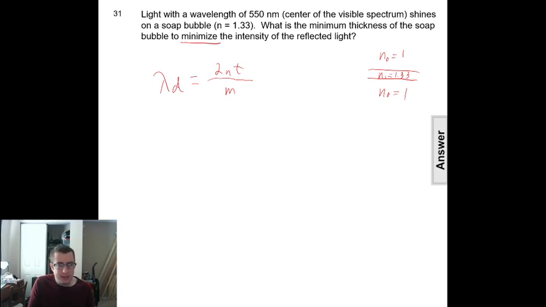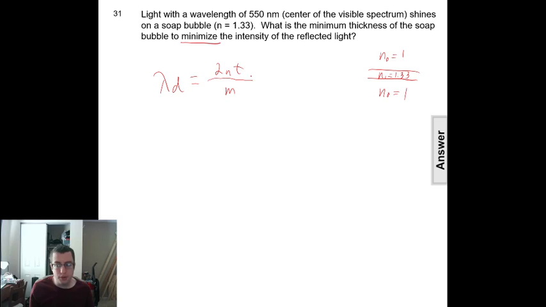And then a neat thing that we can look at is all of the units in here. So wavelength has units, usually in meters. And since n is just the index of refraction, it doesn't have units. t is thickness, that's also going to be in meters. And then m, since that's just an integer, and that integer is basically 1 all the time, there's no units there. So the only units you have are these two distance ones.